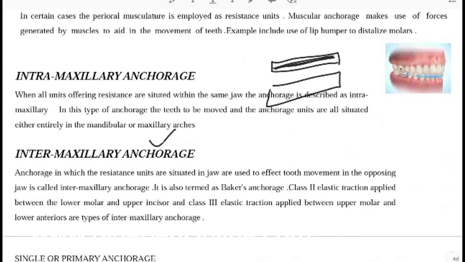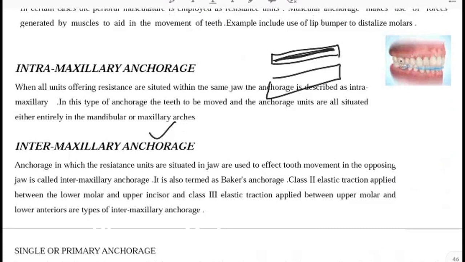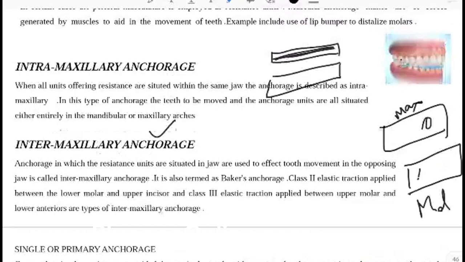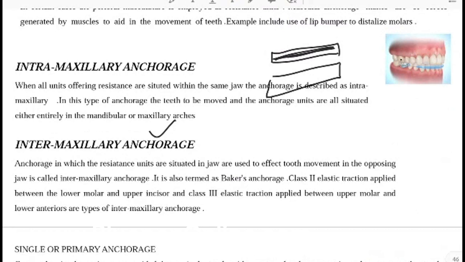Here, this is maxilla, and if this is mandible, you're using both. Like a crossbite, like class 2 elastics, you do it like this, right? So you're using the maxilla and also the mandible part. So this is your intermaxillary anchorage. It's also known as Baker's anchorage. So if you get a short note on Baker's anchorage, now you know what it is. It is an intermaxillary anchorage.